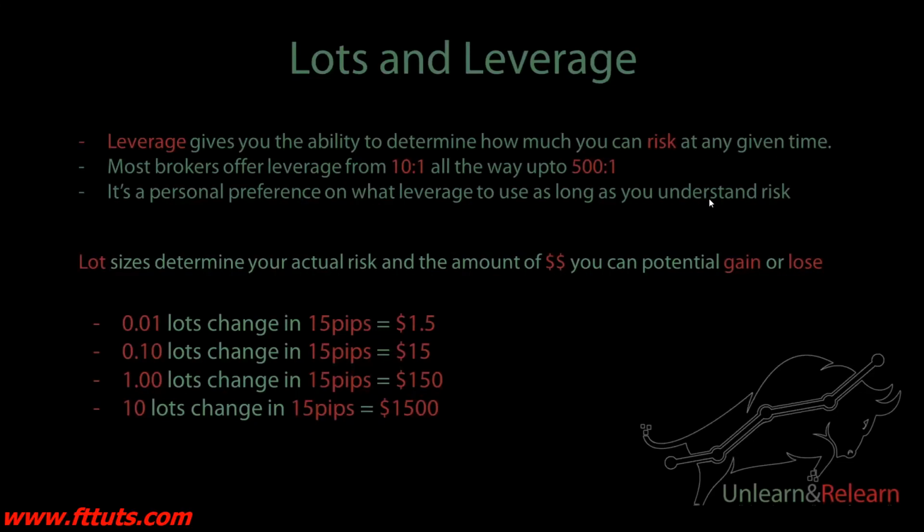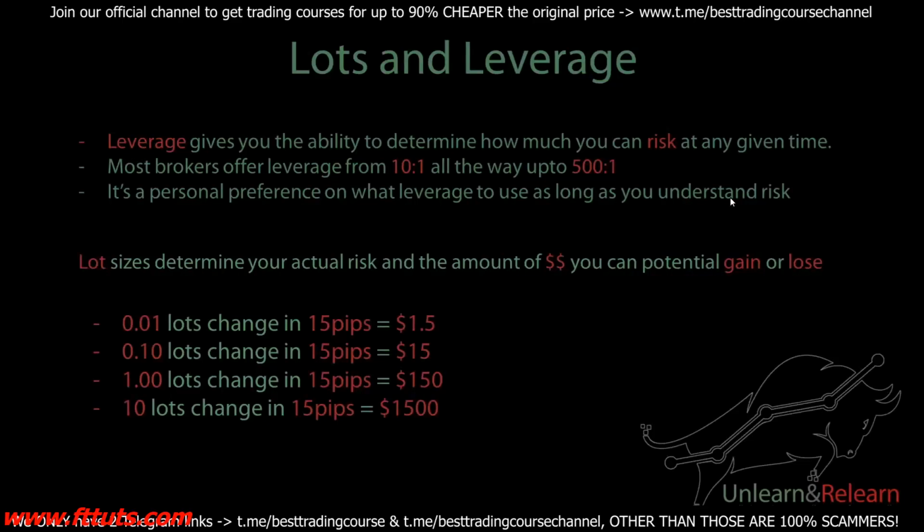What this means is, if you have a higher leverage, you can risk a lot at any given time. But when you have a lower leverage, you cannot risk your account as much. Let's say, for example, you have 10 to 1 leverage. At any given time, you can risk up to 10% of your account.